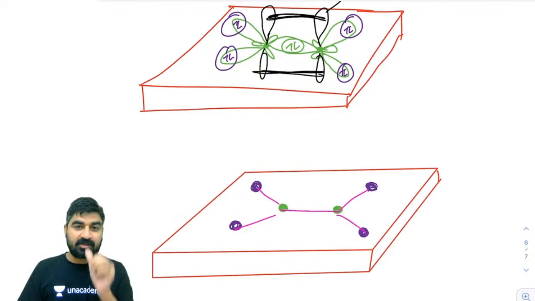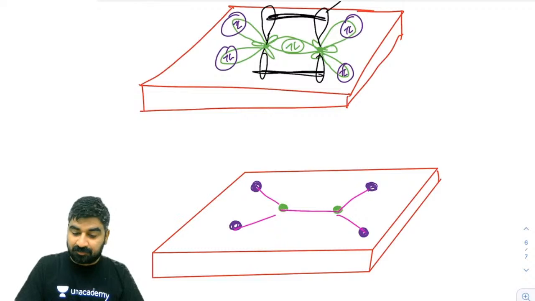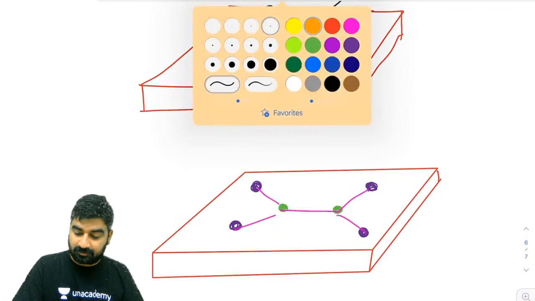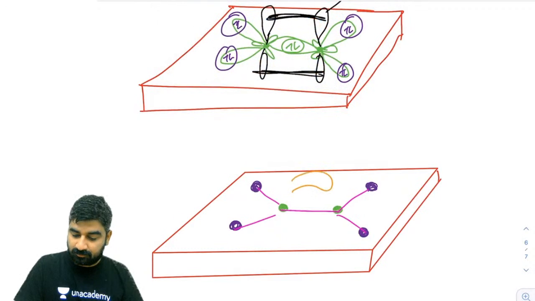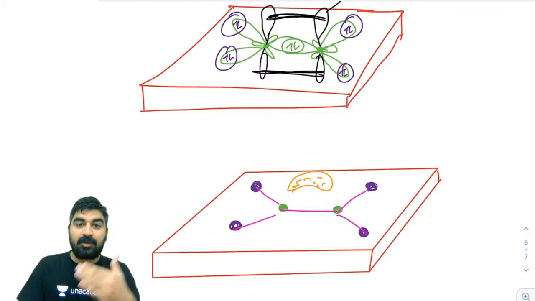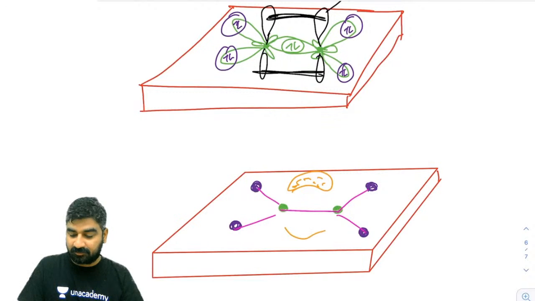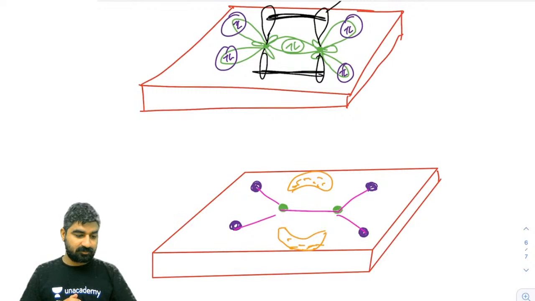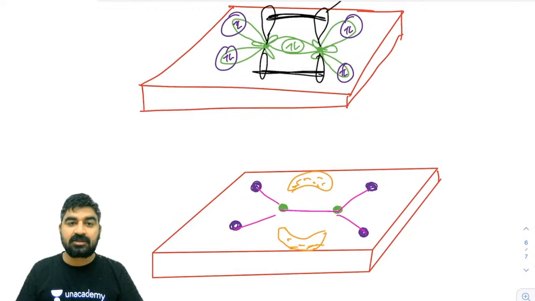So this is C2H4. Now there will be a pi bond. That pi bond will be here, and one more cloud will be below the plane. It will be below the plane, right?